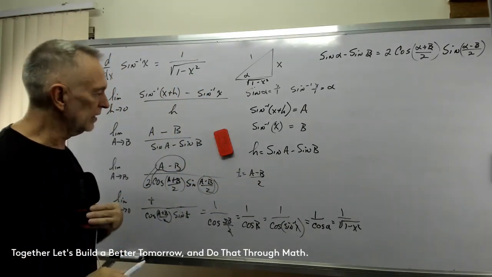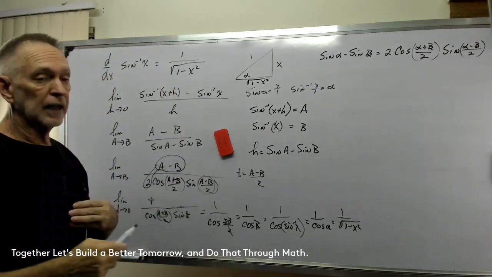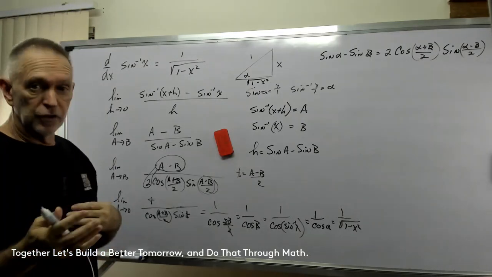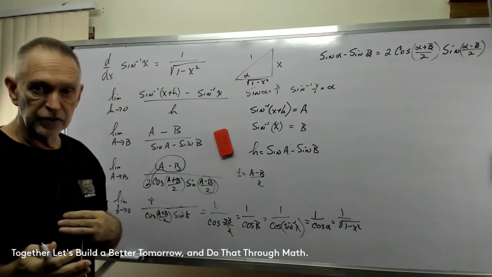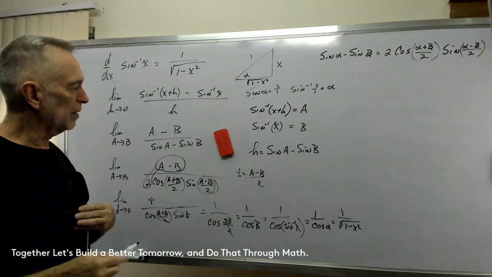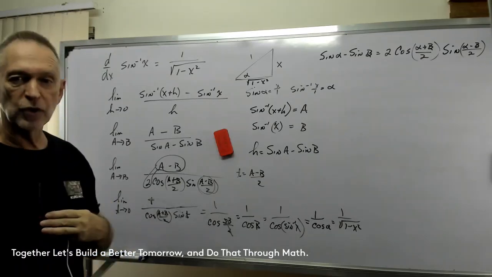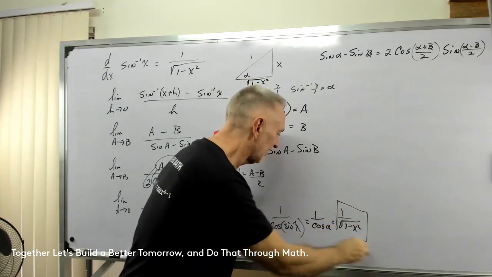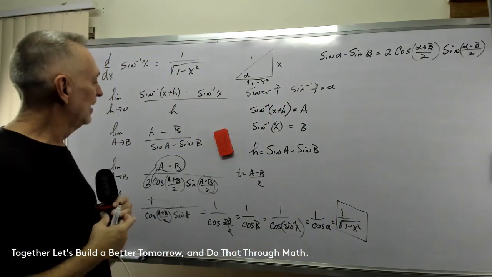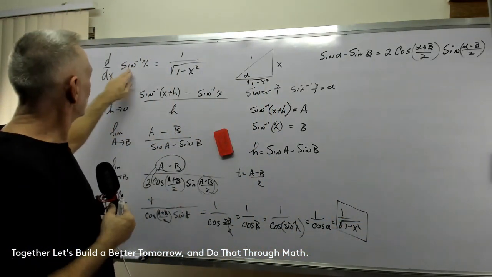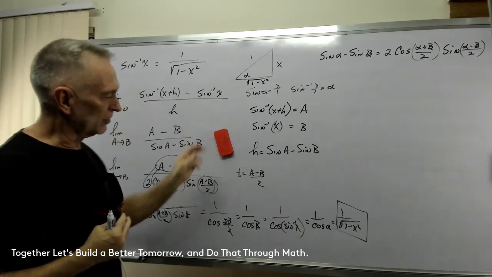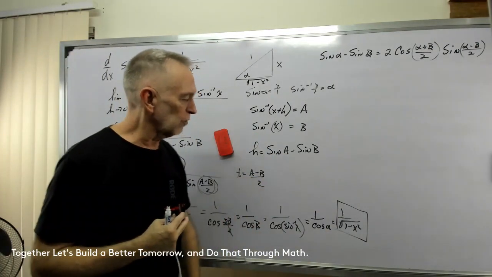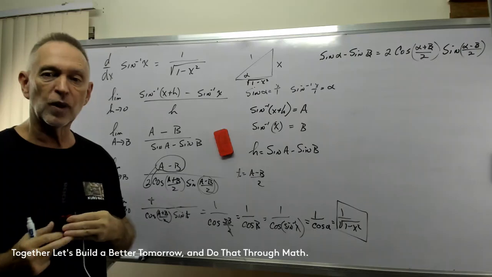That's how they come up with that. Now, you can do the same thing through implicit differentiation and come up with the same answer. I just thought this one was a little bit more cool. Okay, so there we have it. That's where the derivative of sine inverse x equals 1 over square root of 1 minus x squared comes from.